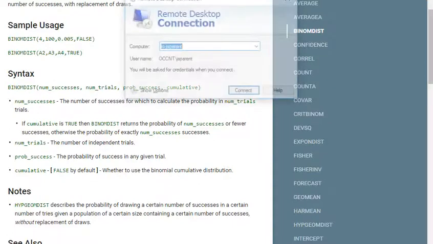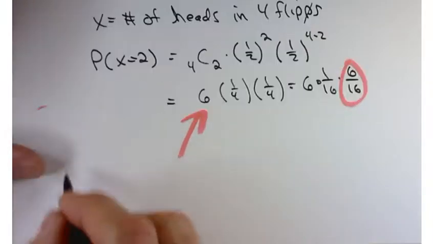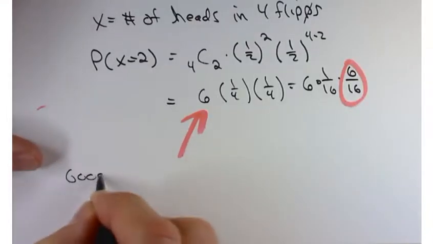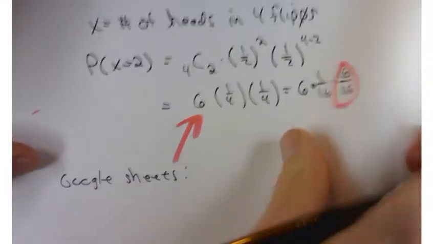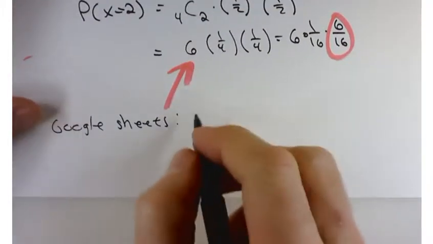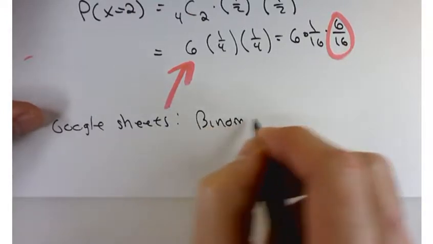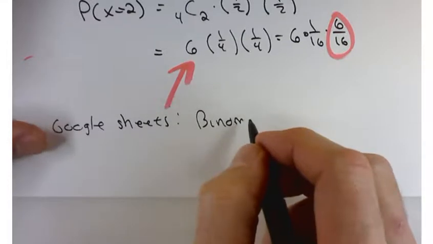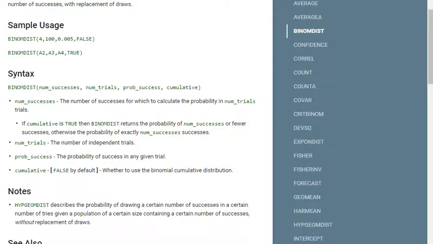So our Google Sheets command looks like this. Binomial distribution. Do I gotta spell it all the way out, or is it binom? Just binom. Yeah, binom dist.